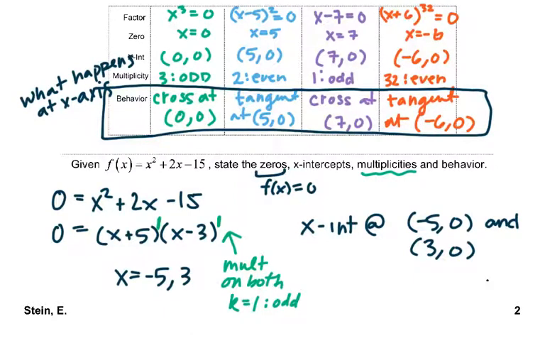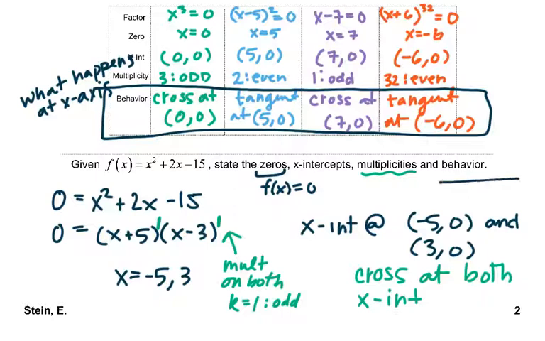So what we know is we're going to cross at both x-intercepts. All right, so we know our x-intercepts and we know that we're going to cross. And if we were going to graph this, we would get a parabola opening up at those two zeros. It would look like this. It'd be crossing at negative 5, 0 and crossing at 3, 0.